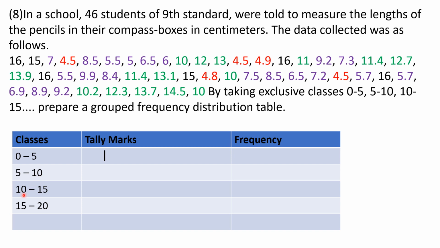So the 10 will come in the third class. In this class you will take data from 10 till 14.9. 15 also you will not take. And in the last class, 15 to 20, you will take data from 15 till 19.9.